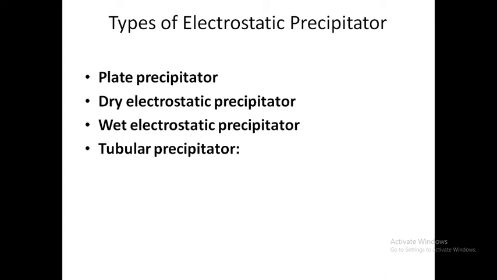Are you clear? Third one, wet electrostatic precipitator. This precipitator is used to remove oil, tar, paint, and resin that are wet in nature.